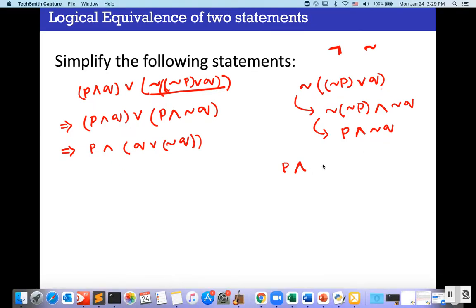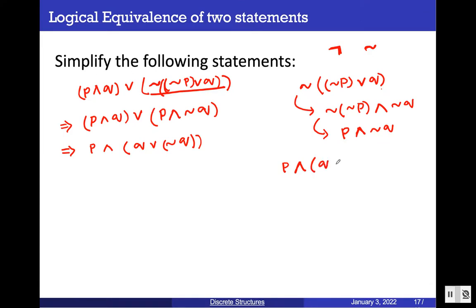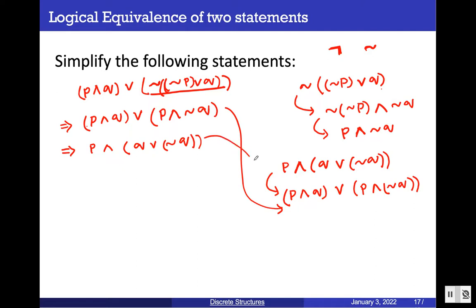If we have a statement like this: P and (Q or not Q), and we apply the distributive property, distributing this AND operator to both of them, it will look like this: P and Q or P and not Q. So here we see the same. That means these two are the same.